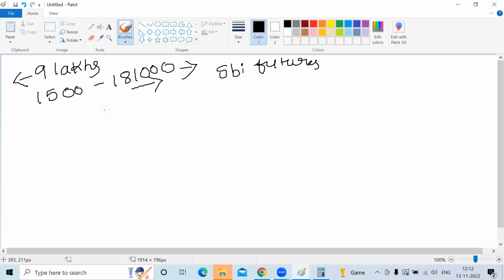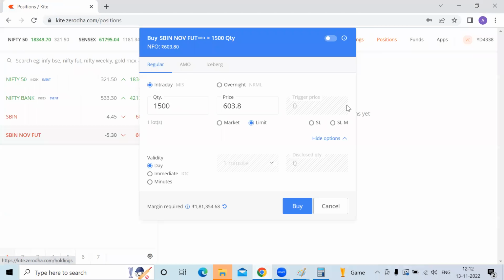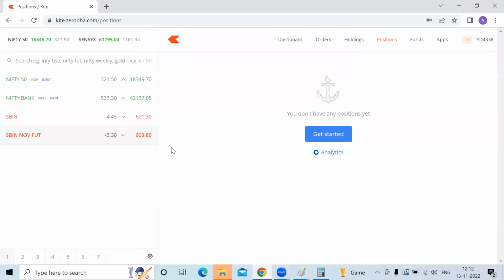Okay, assume the various scenarios. Right now, assume SBI is at 600. Suppose it increased from 600 to 620 as you expected. Then SBI futures price, how much is it showing? 604, right?